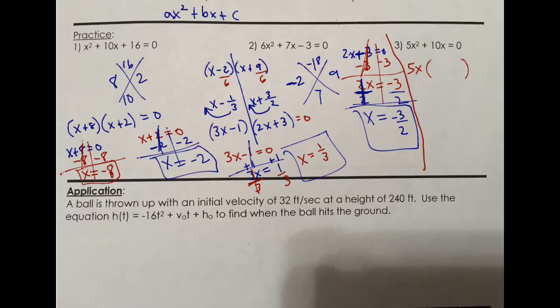Okay. So now you have 2 terms here, which means you're going to have 2 terms in here. How do you figure out what those terms are? Divide by the GCF. 5 divided by 5 is 1.